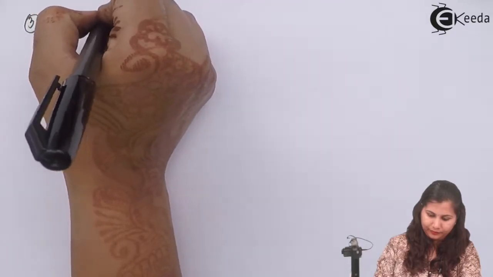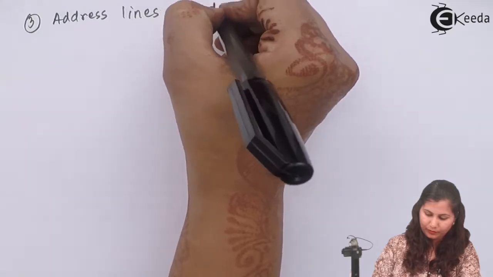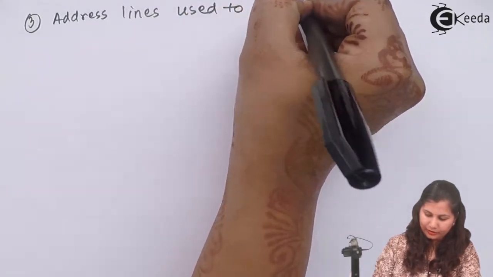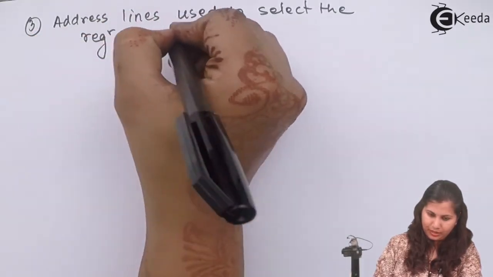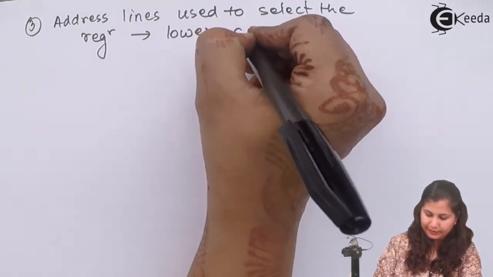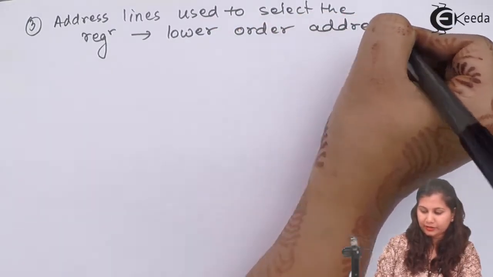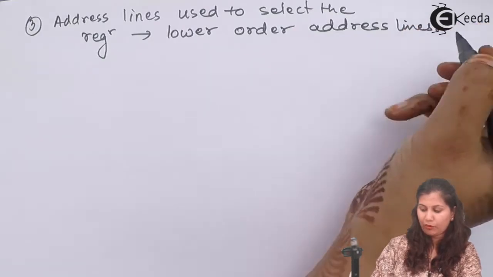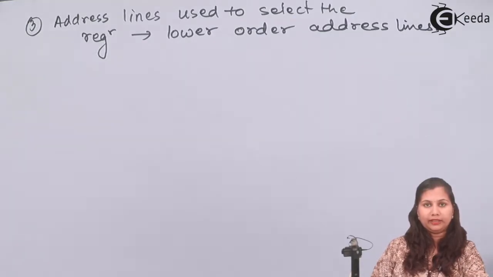Then we have the address lines which are used to select the register, which are the lower order address lines. You have seen that in the examples which we have taken, we have always used the lower order address lines for pointing the memory registers, and the higher order address lines are used to select the chip.